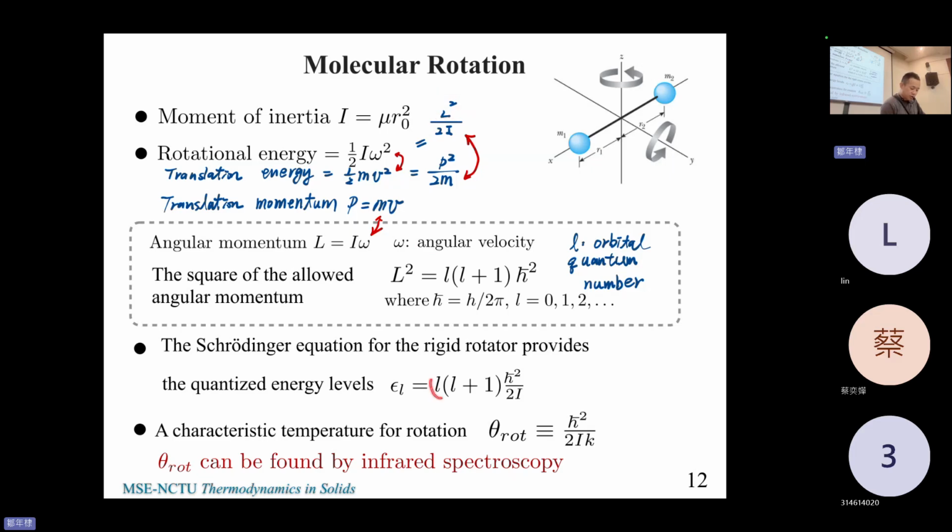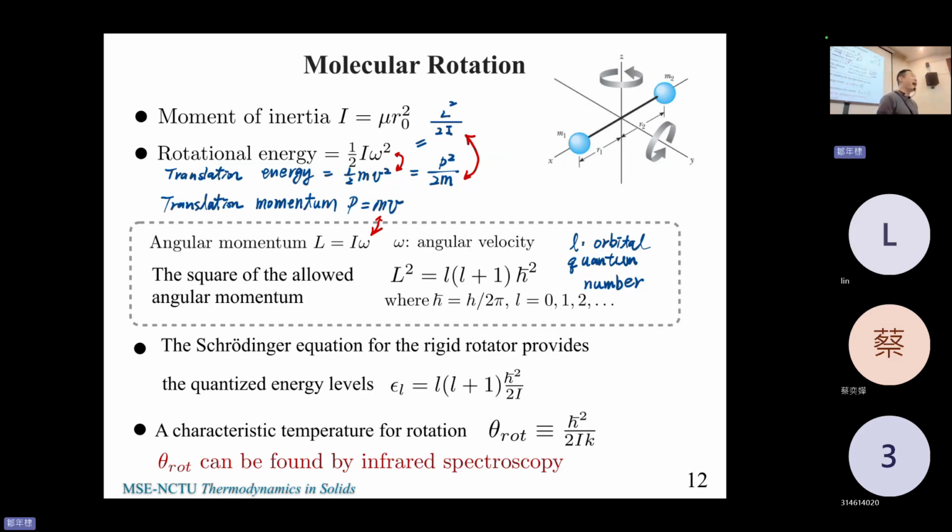So this is L squared over 2I, they are the same, rotational energy.